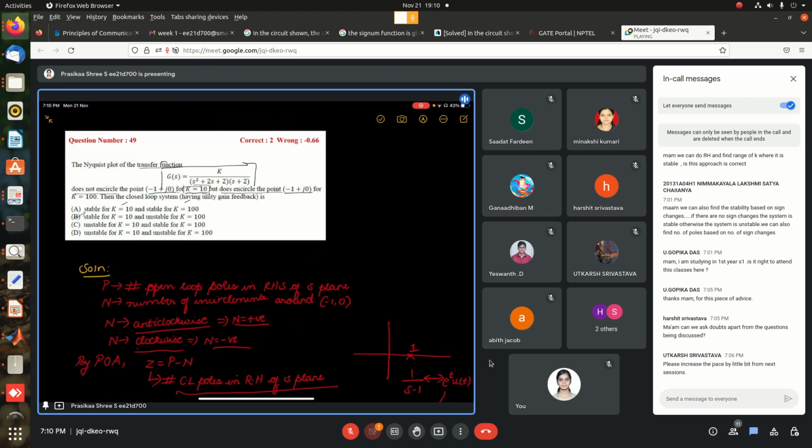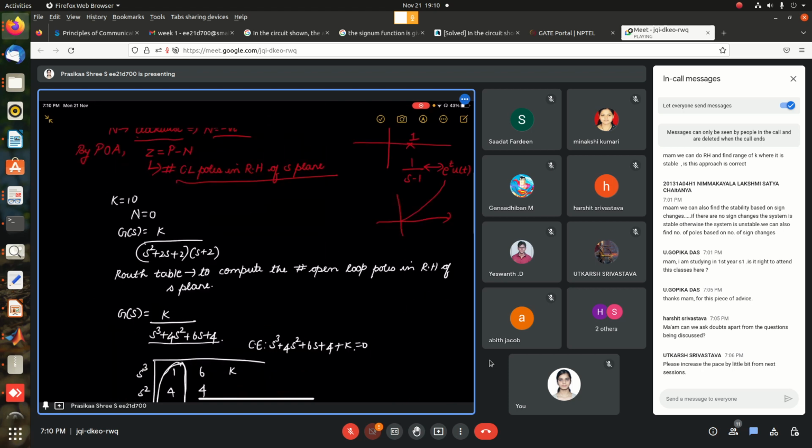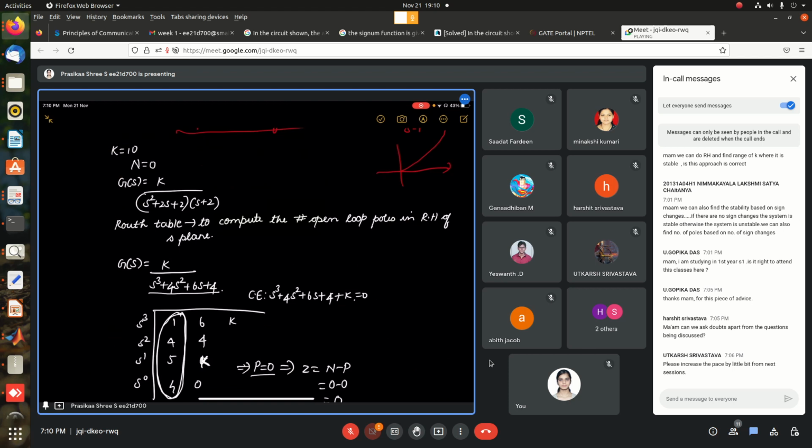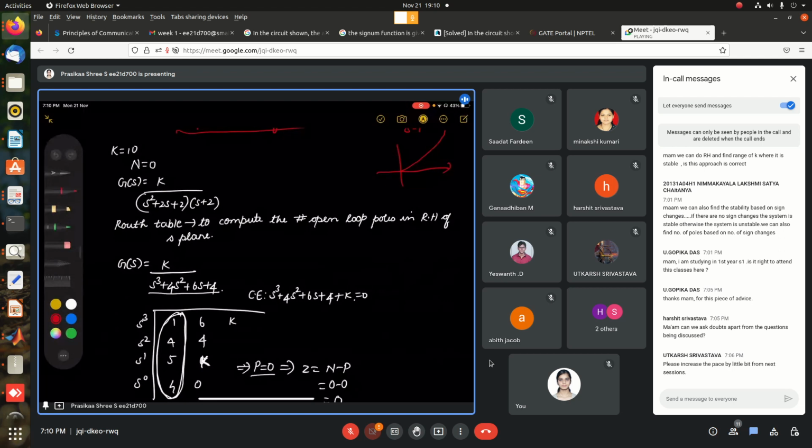So they say it's the open loop transfer function. If that is so, if we are taking the denominator and equating it to 0, there should not be a K. There should not be a K, only when we say it is a unity feedback system. Sorry for this, there should not be a K.